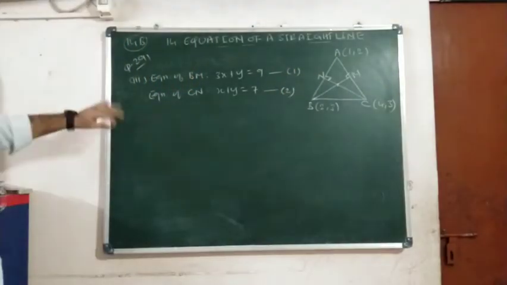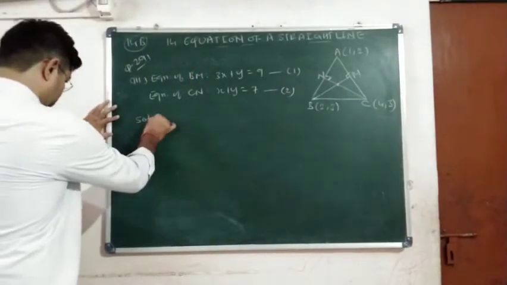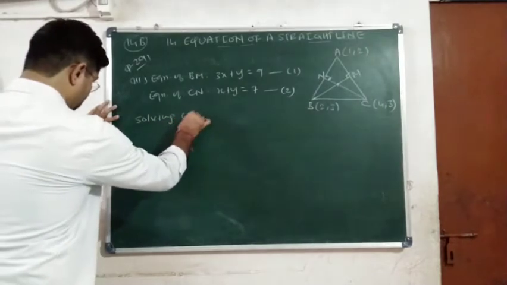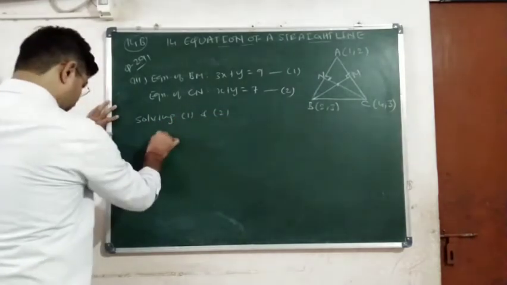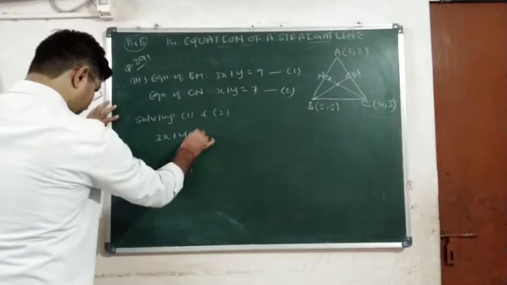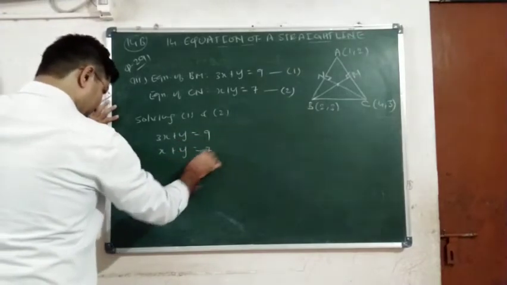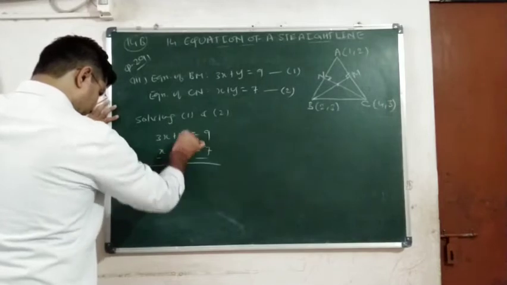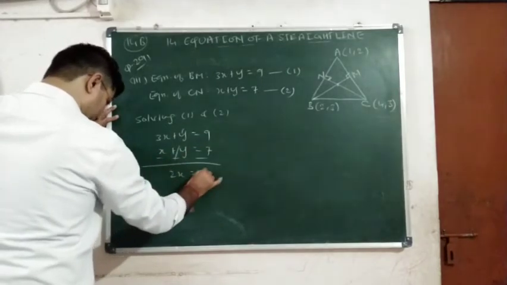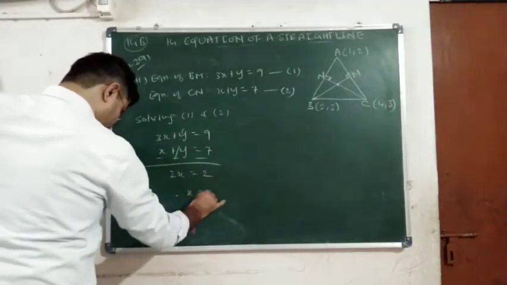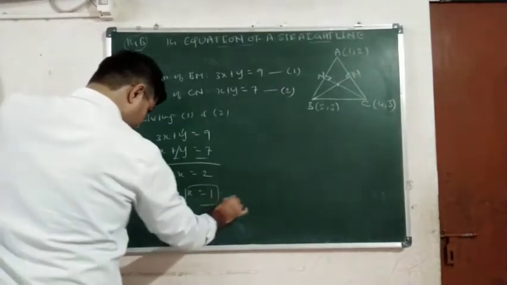Okay, now solving 1 and 2. So we have 3x plus y is equal to 9 and x plus y is equal to 7. So 2x is equal to 2, therefore x is equal to 1.